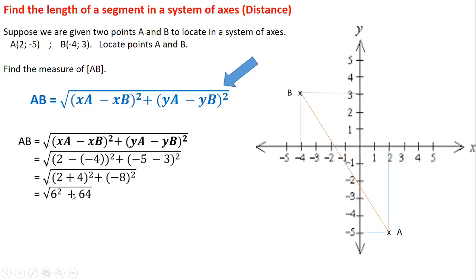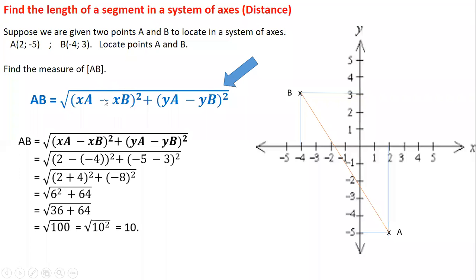So 6 squared plus minus 8 squared is 64, because if we have a negative base, all of it squared, it becomes positive. 6 squared is 36, plus 64 is 100. We know that 100 is 10 squared. The squared cancels the radical, I get 10. Always the answer of the radical, I should simplify it. We have learned how to simplify the answer of the radical.